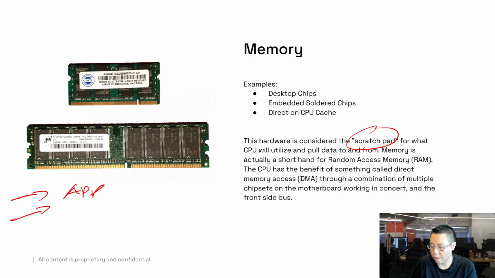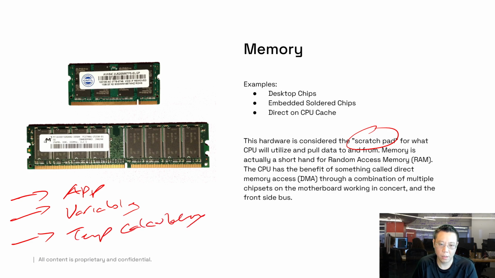You might also load variables. All right, so user inputs, stuff like that, are also commonly loaded into memory, or actually temporary calculations, right? Math, integers, anything else that the CPU might need might go into memory if it can't go into the local cache storage on the chip itself. Now, there's something also interesting about this, which is something called DMA, direct memory access.